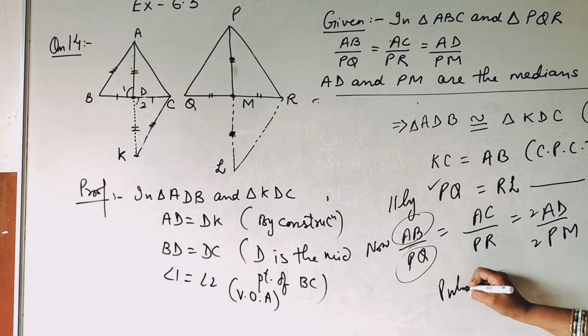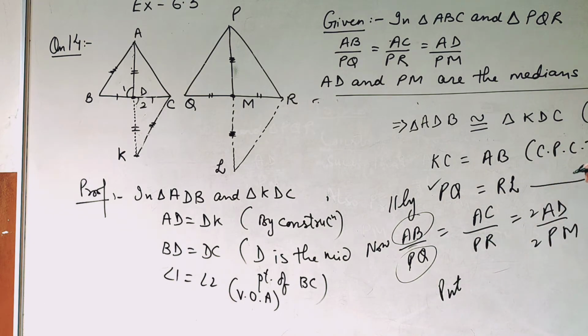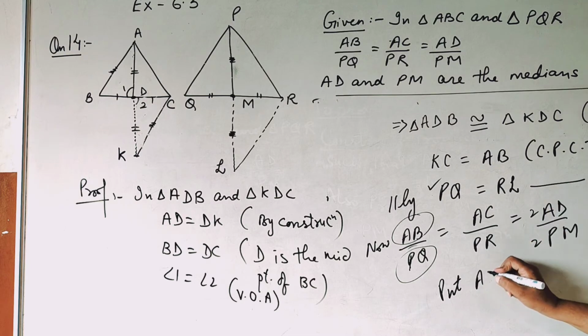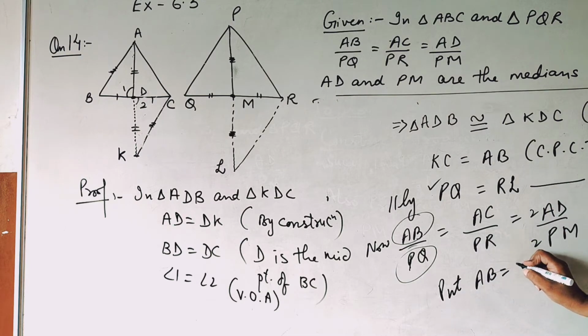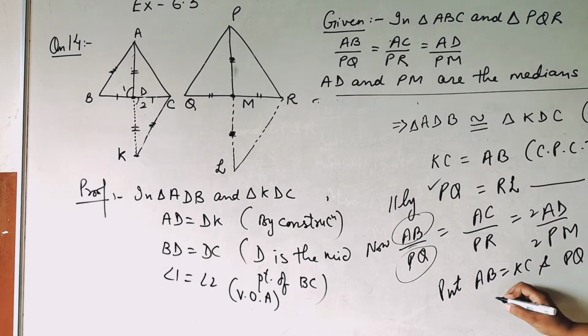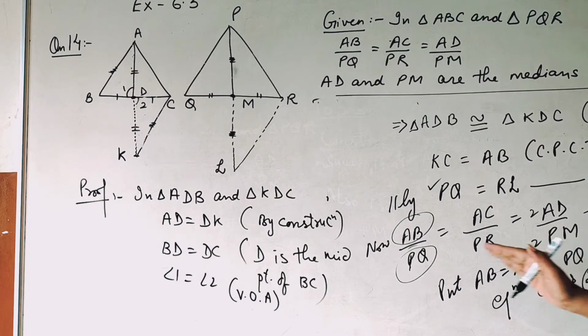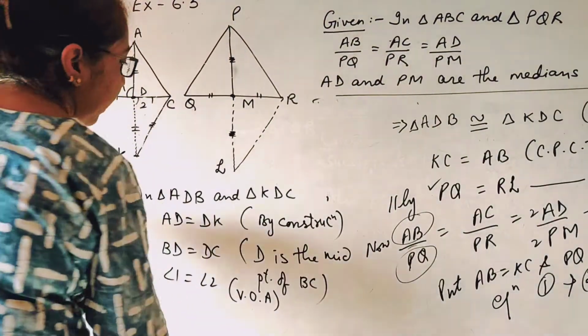Now, from equations 1 and 2, put AB equals KC and PQ equals RL in equation 3. Let's say this is the third equation. Okay, now after putting these values here, what do I get?